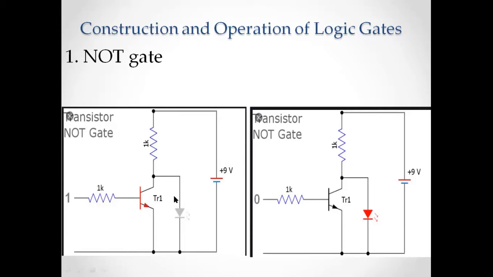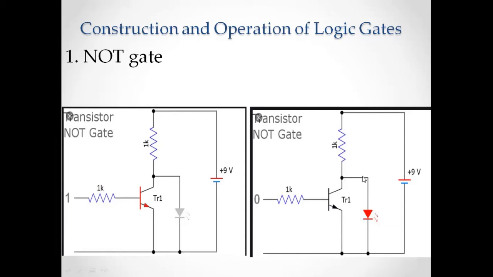Your output is 0. On the other hand, if the input is 0 here at the input side, the transistor is not biased properly, or the transistor is not switched on, which means the collector current cannot pass through the transistor, or the current cannot flow through the transistor, which means current has to go through other paths.